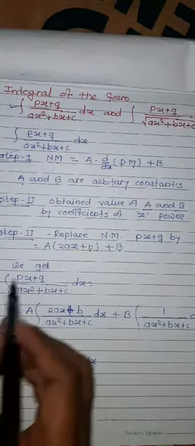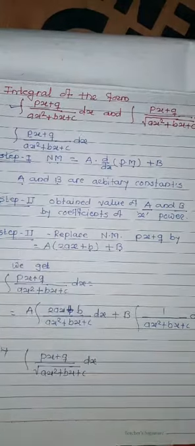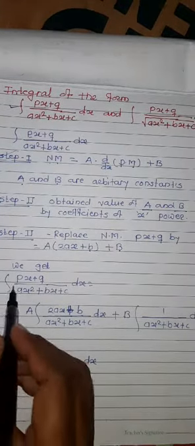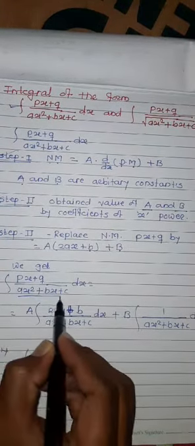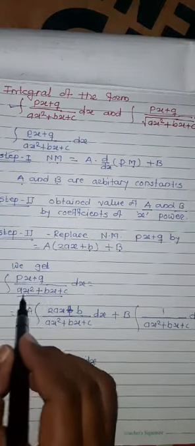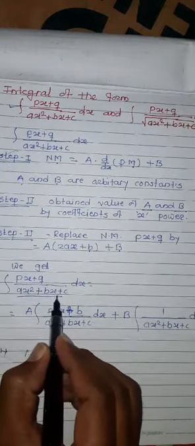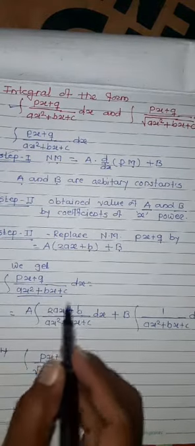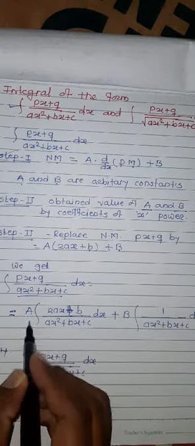After these three steps, we get the integration of (px + q) upon (ax² + bx + c) dx as follows.